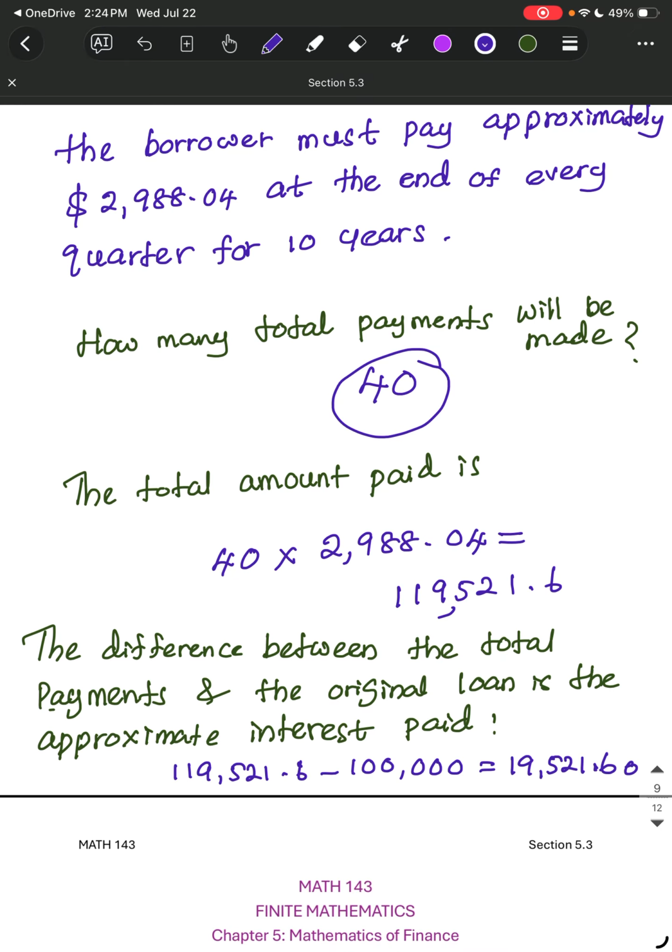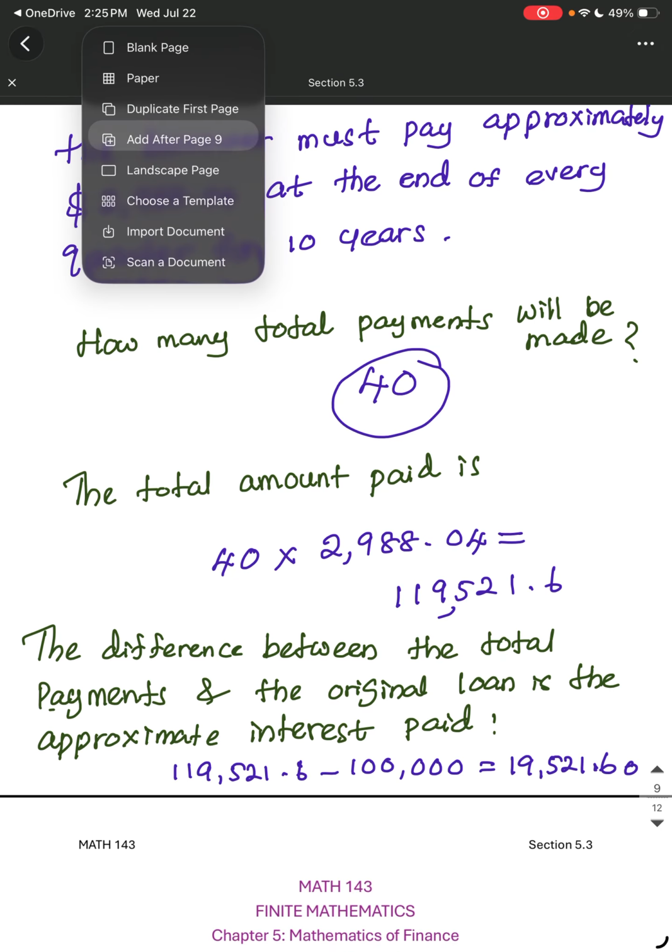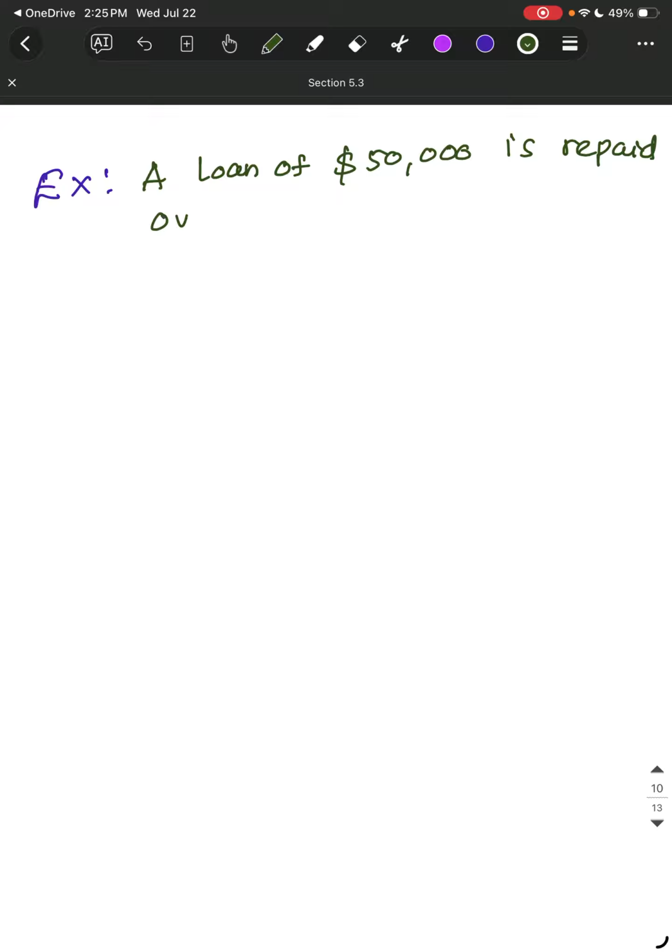I will give you the exercise. Please pause the video and do it by yourself. The exercise: a loan of $50,000 is repaid over 5 years through equal monthly payments.